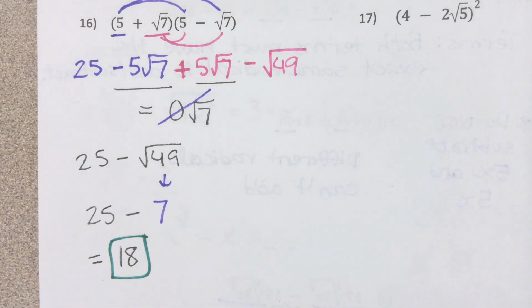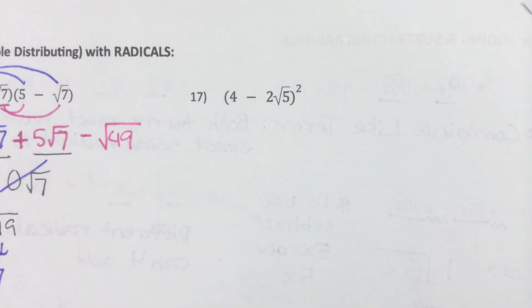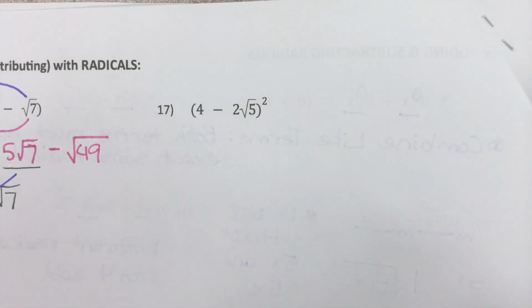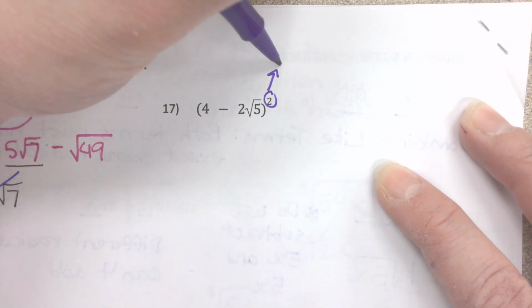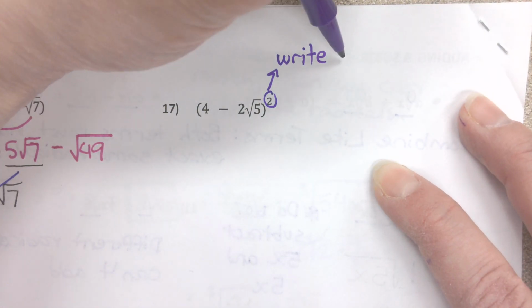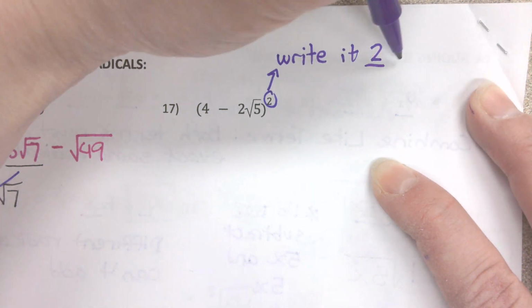One more, number 17. 4 minus 2 square root 5, whole thing squared. This is a very commonly missed problem. To start it off correctly, when you see this squared, I want you to think, write it 2 times.